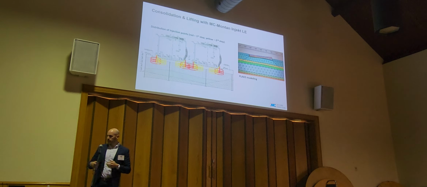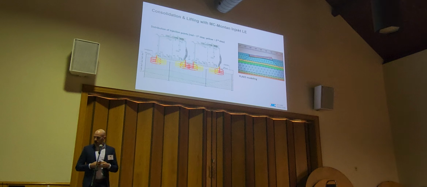And the second step, the yellow color, is at an angle below the tank, so that you can reach the area in between. So this first step will give you somehow a limitation and a first compaction, and this step will help you in the already consolidated soil to lift.